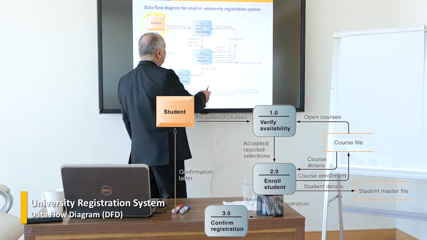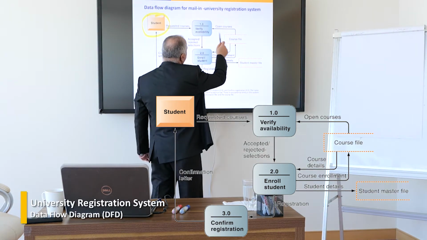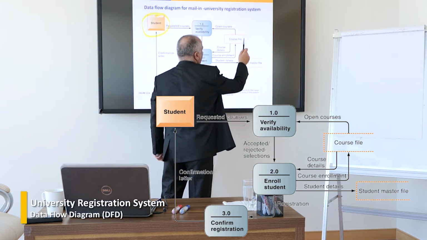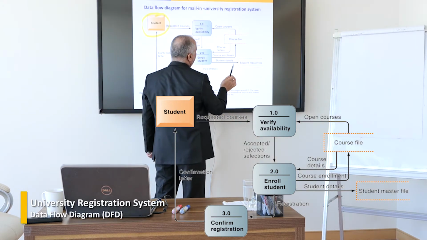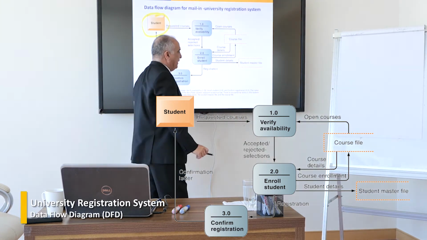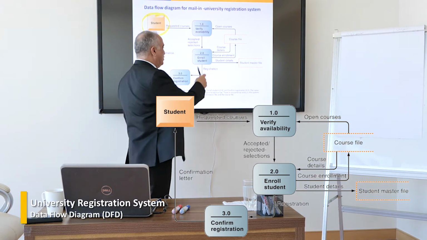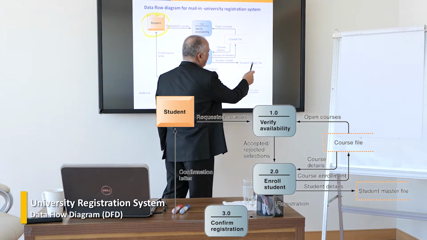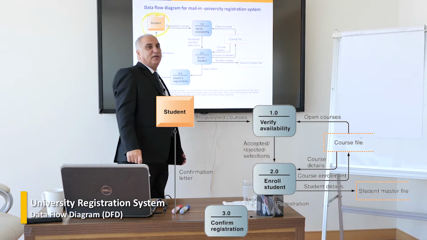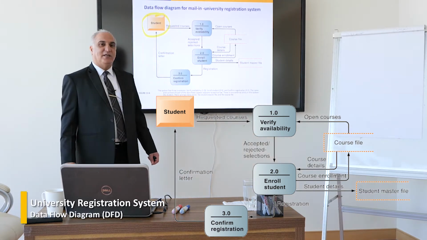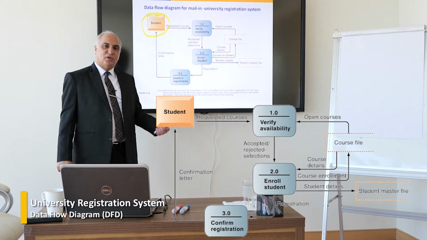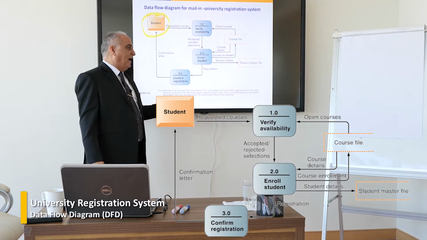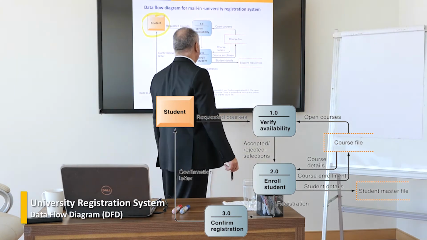Logically, for the availability, we need to access the course file. We also need to update the student file after the student is enrolled. So we have a second file, called the student master file.